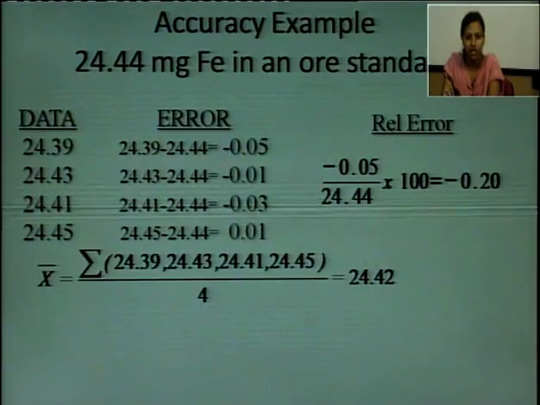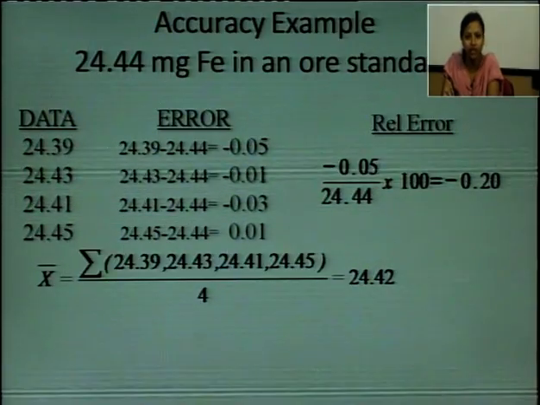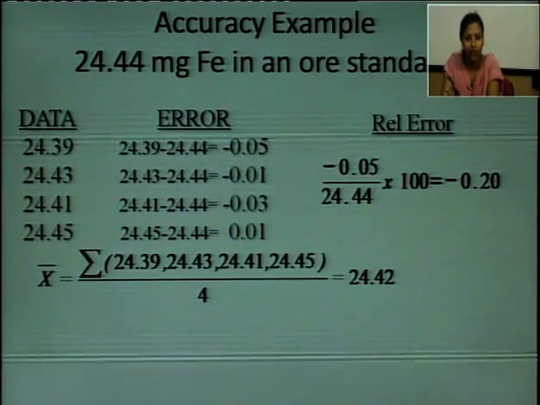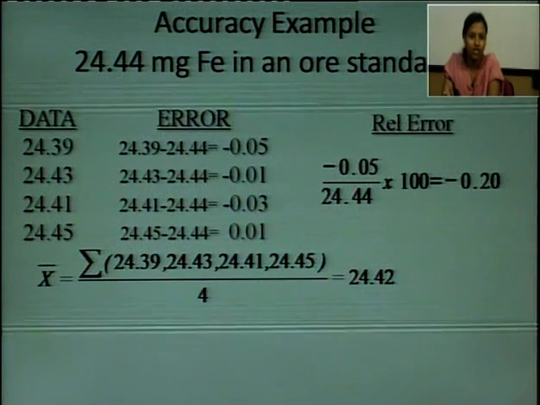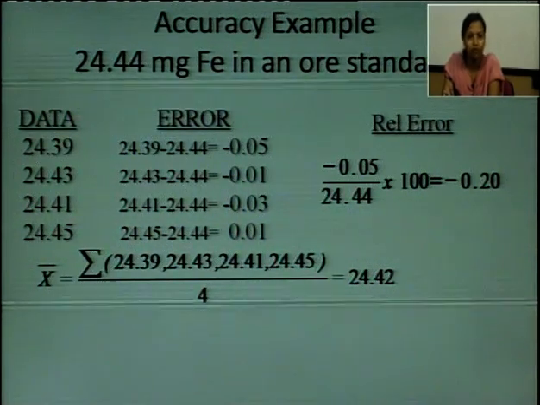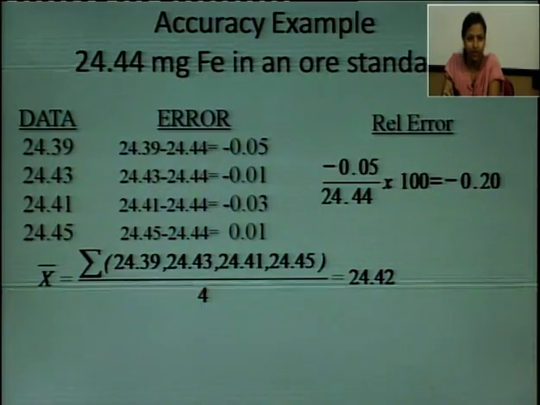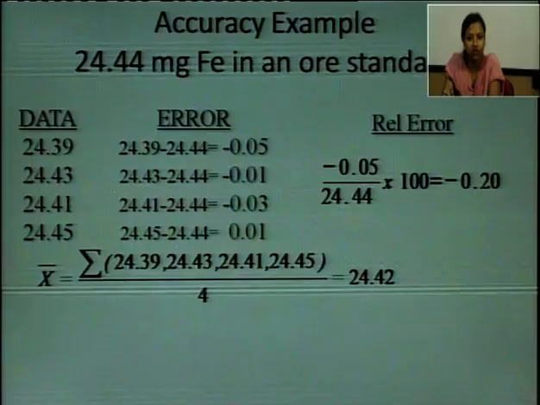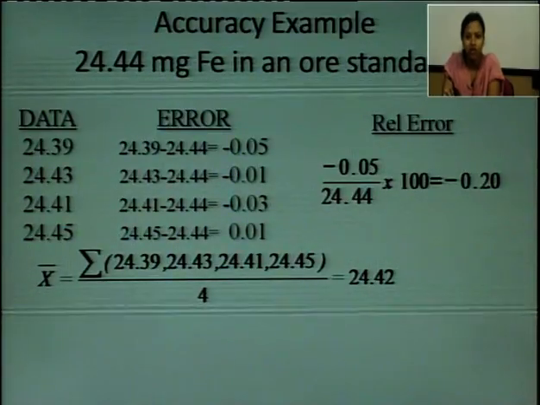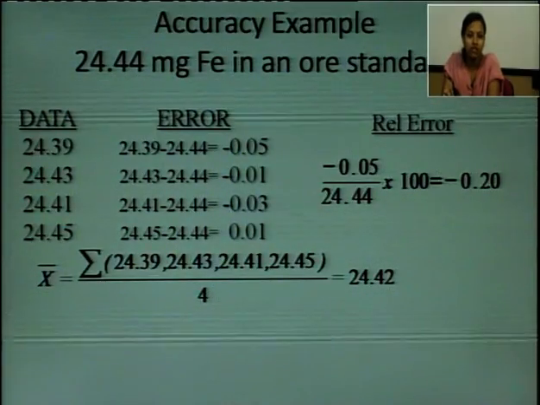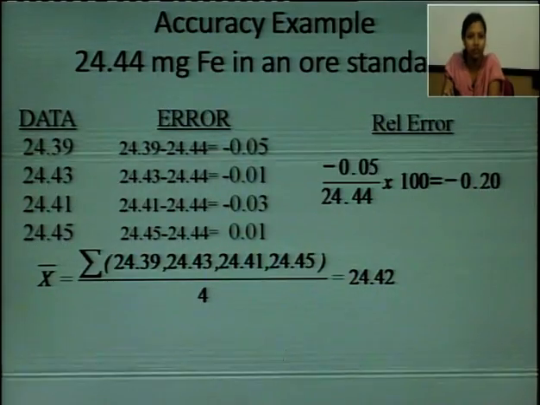So the error in each measurement we can calculate: 24.39 minus 24.44 is equal to minus 0.05. So we can easily calculate the rest of the errors like minus 0.01, minus 0.03 and 0.01. The sum of all these errors gives us minus 0.08.